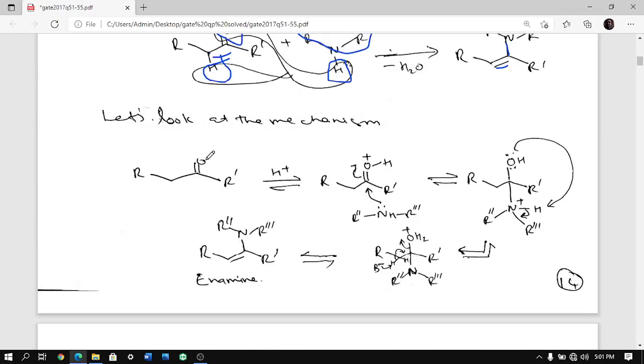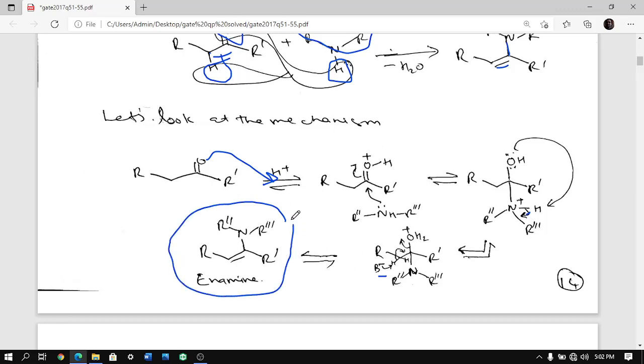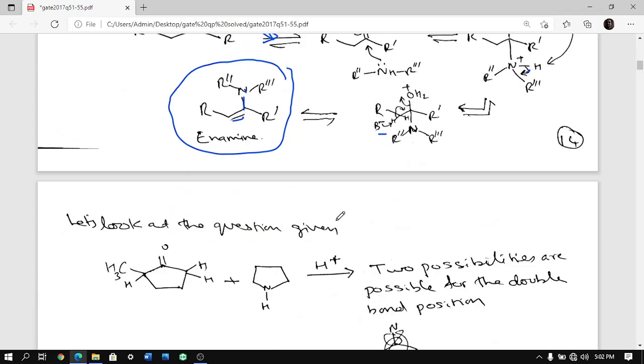The first step is of course protonation, because it is in acidic media, and then the secondary amine attacks it, you get an alcohol, and then this oxygen lone pair goes and attacks this proton, this electron comes here, and you get this H2O, and then the important part is this alpha proton is being taken away by the base, and then this goes in and you get the enamine. So basically a double bond on the alpha carbon, and your secondary amine is added without the hydrogen, right?